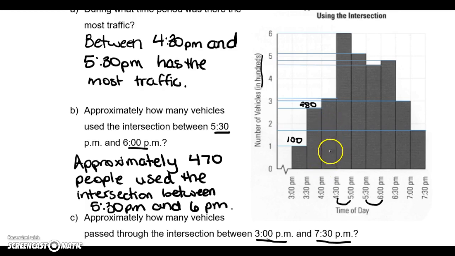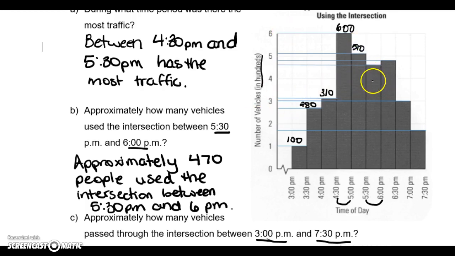Going from 4 to 4:30 p.m., you might guess it's just a little bit above 300, so you could guess 310 people. Then looking at 4:30 to 5 p.m., there we had 600 people. From 5 to 5:30, you might guess that there are 510 people.